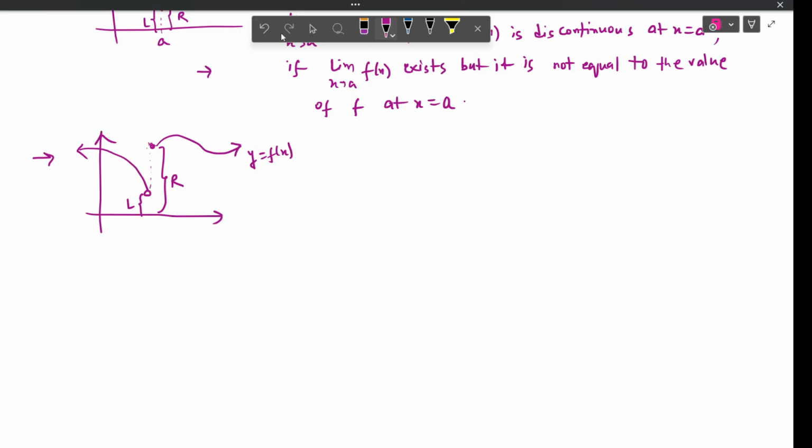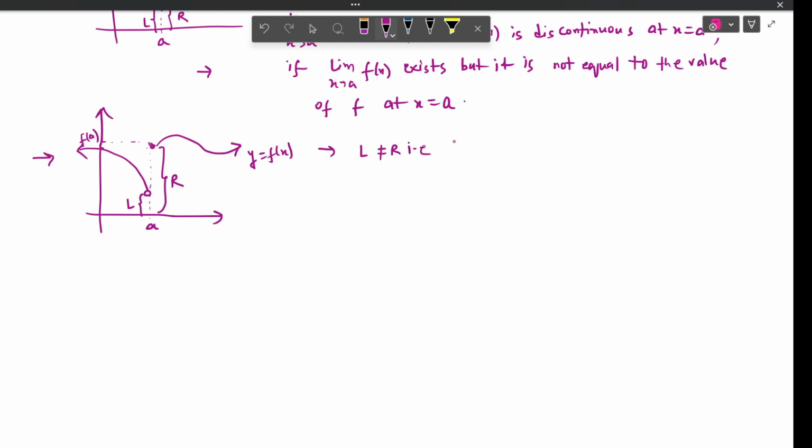And now the value of the function is here, f(a). Okay, this is your point a. Now here we observe that L is not equal to R, right?